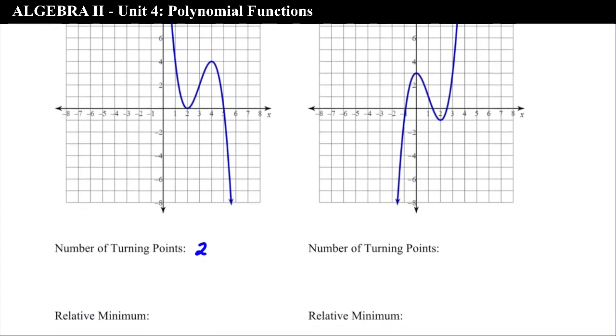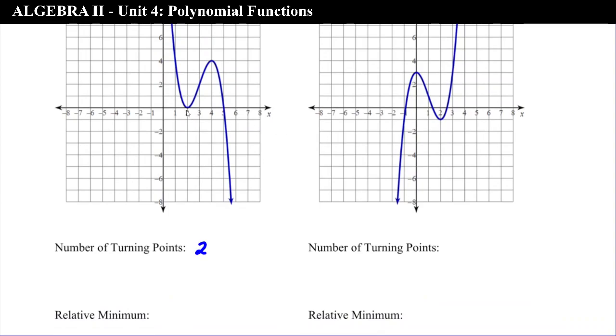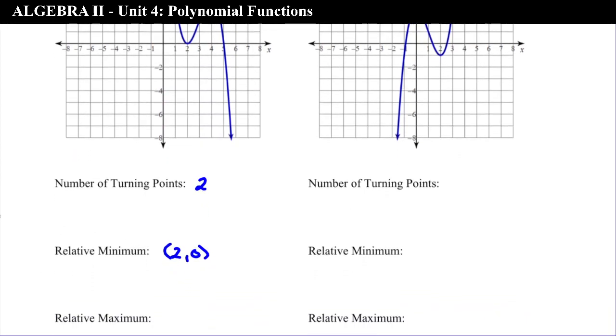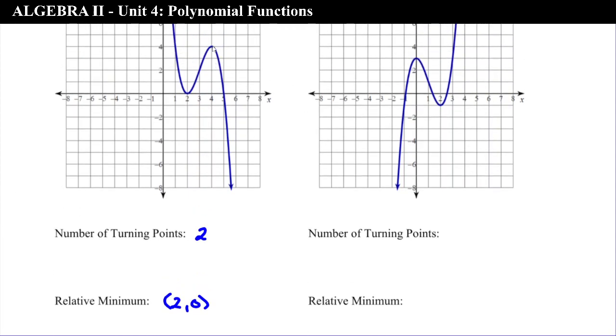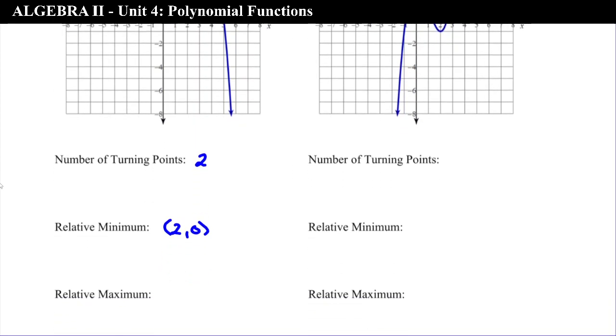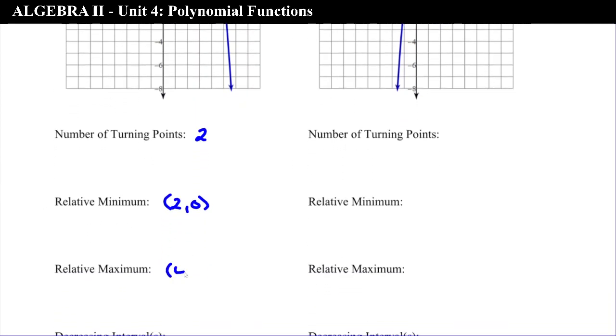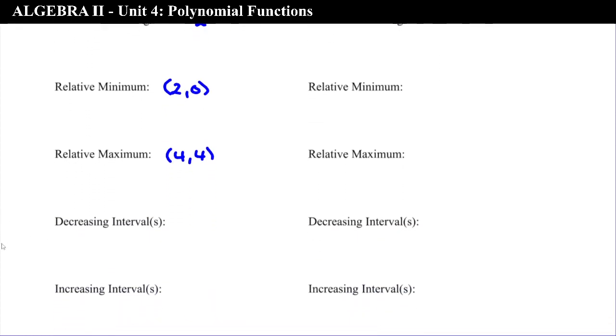The relative minimum is going to be at (2, 0). The relative maximum is going to be at (4, 4). Okay, that's our point right there, (4, 4). That's our relative maximum. Again, refer to your graph for this.